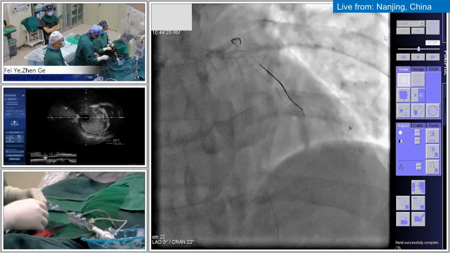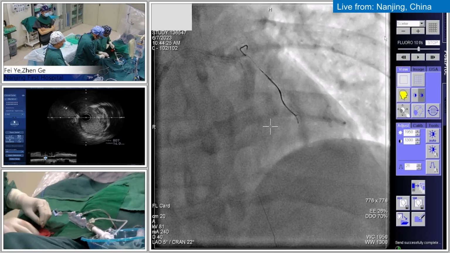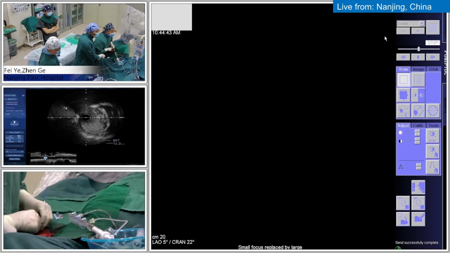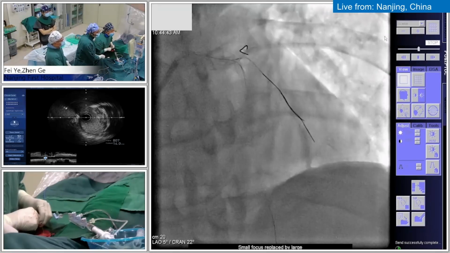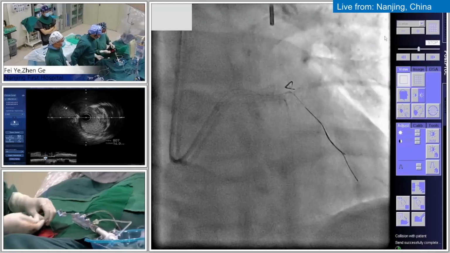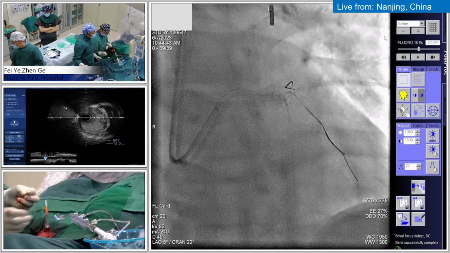Which kind of wire do you want to change? Yeah, this is changing. It's the same blue. Any resistance? Probably 1.5 blue.